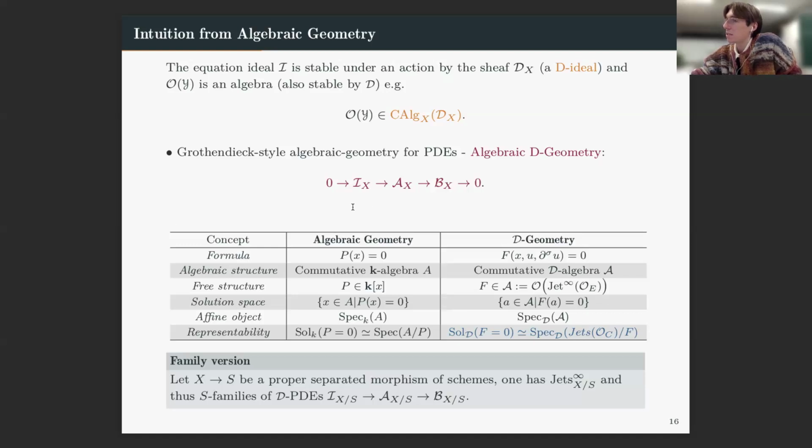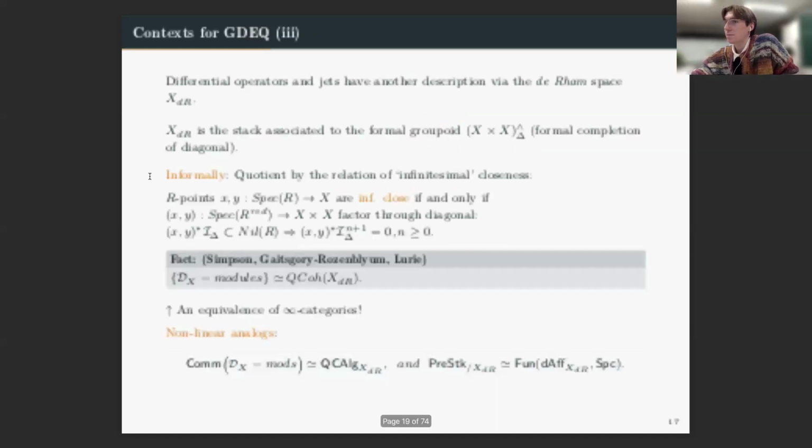So you can really think of this I as being obtained from formally taking all formal differential consequences of your original system. Okay, and there's a nice dictionary presented here that can show the comparison or the analogy with algebraic geometry, which we want to further, between derived algebraic geometry and derived D geometry on the other side.